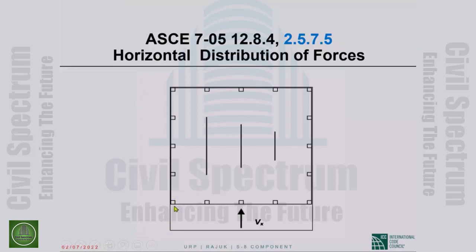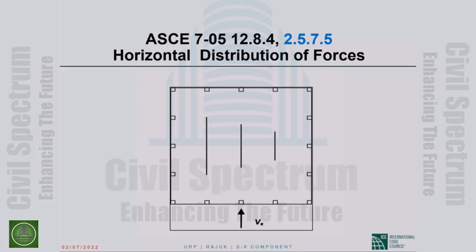The building has 2 frames in the up and down direction and 3 shear walls of unequal length. How is V sub x distributed among the 5 seismic force resisting systems, the 2 frames and the 3 shear walls? The answer is in proportion to the relative lateral rigidities of the seismic force resisting elements.